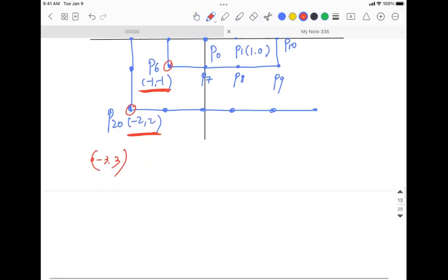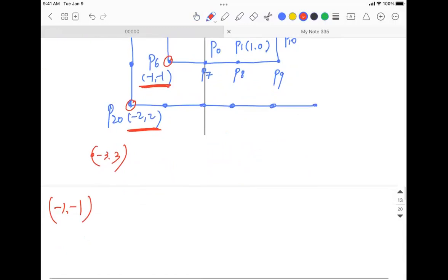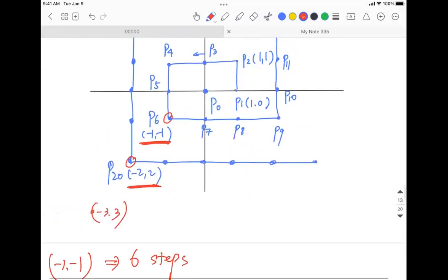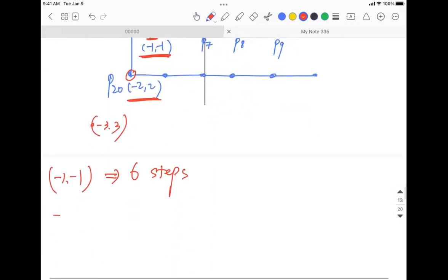So it looks like in order to go to -1, -1, you need 6 steps, right? T6 equals -1, -1. In order to go to -2, -2, you need 20 steps.